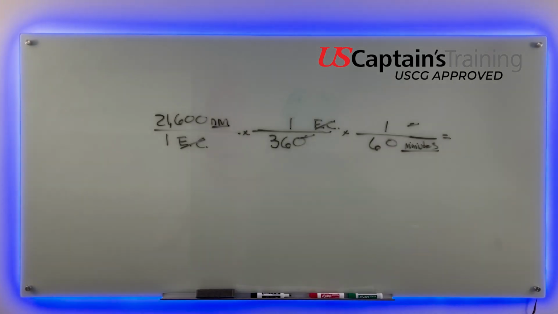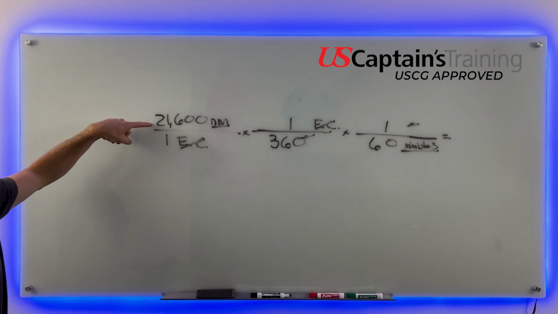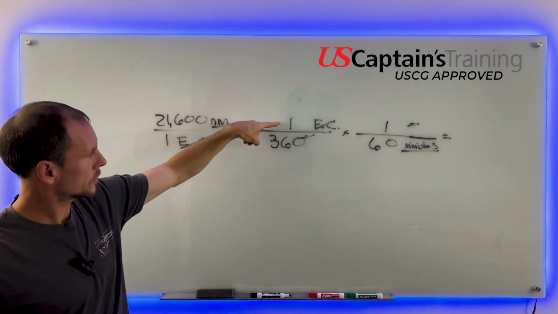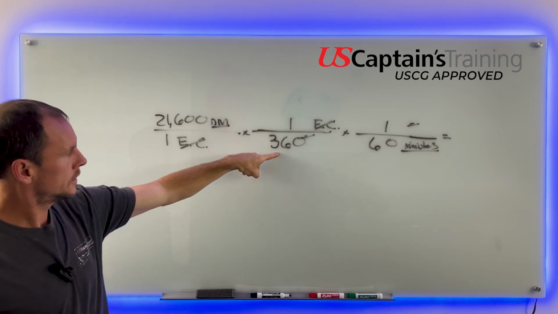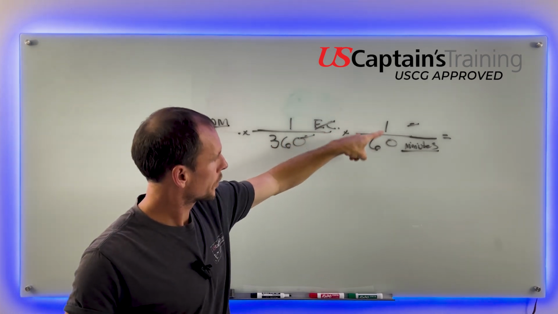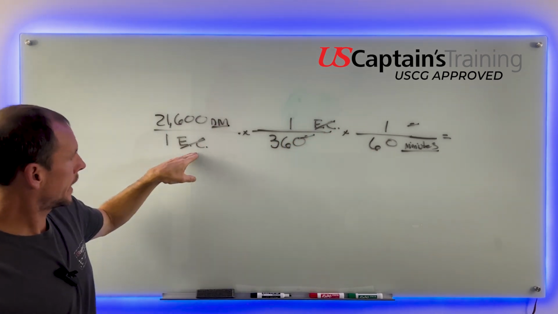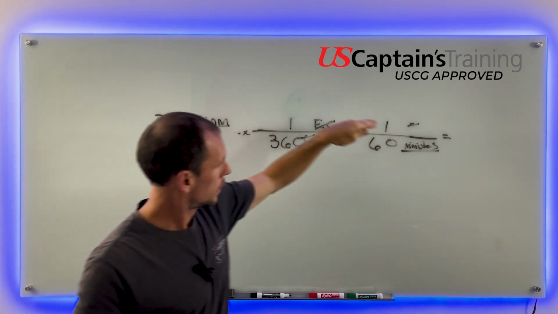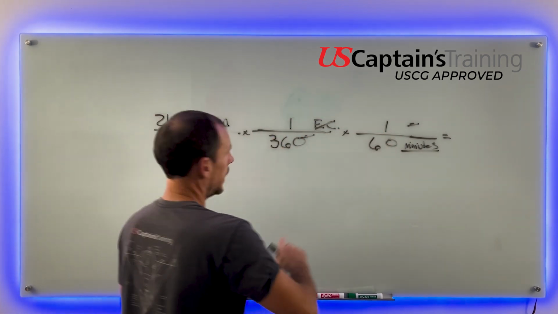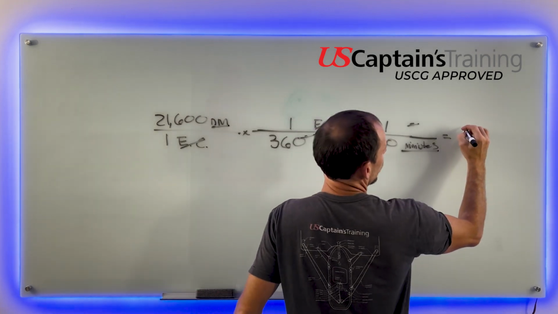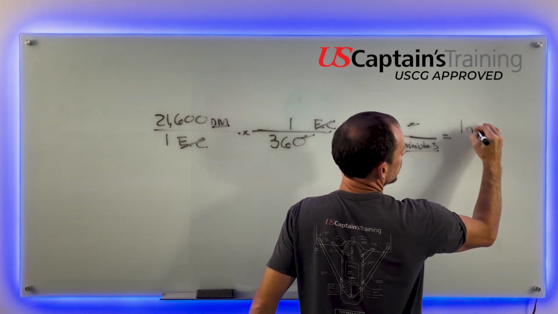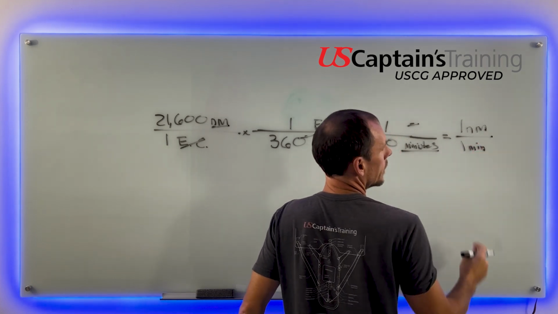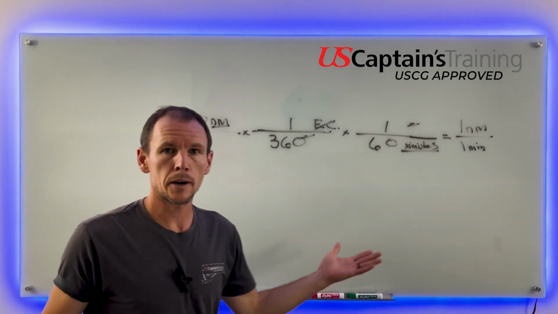Crazy, right? So we got 21,600 nautical miles per 1 Earth circumference. In 1 Earth circumference, there's 360 degrees, and in 1 degree, there's 60 minutes. So we end up canceling these, and we get nautical miles per minute, and we end up with 1 nautical mile per 1 minute of latitude. Cool, that's why that works.